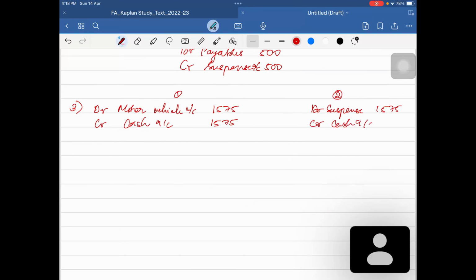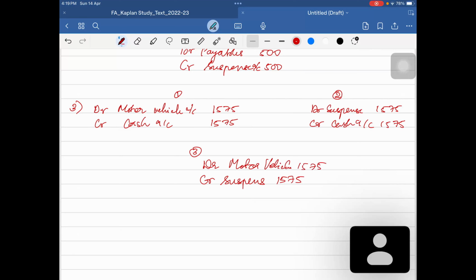So cash is right. What he got wrong was he created a suspense account for it, right? So we are going to reverse it and reduce the suspense account by 1575. Understood? Now, originally, what should have been debited? The motor vehicle, right? So you're going to debit back the motor vehicle by 1575.